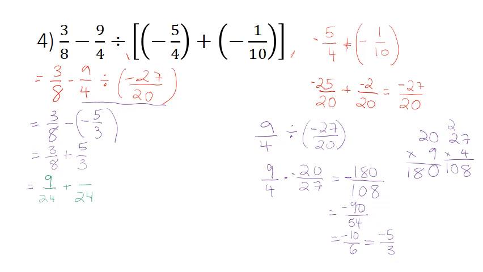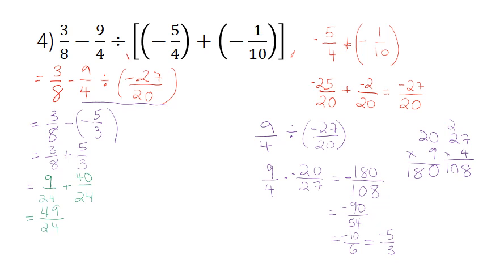So I have 9 24ths plus, how do I get from 3 to 24? That's times 8. So plus 5 times 8, that would be 40. So I'm going to be left with 49 over 24. Now I need to simplify this.